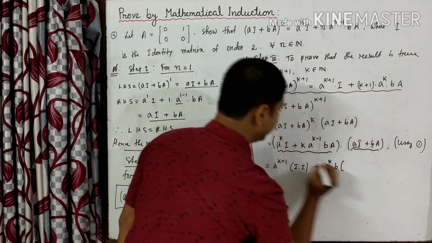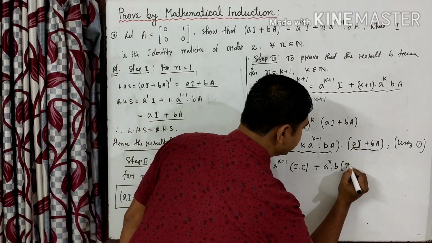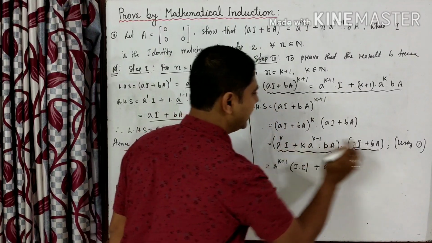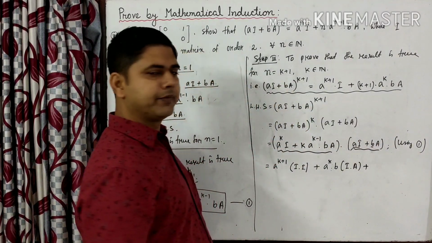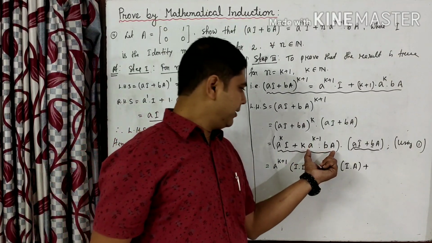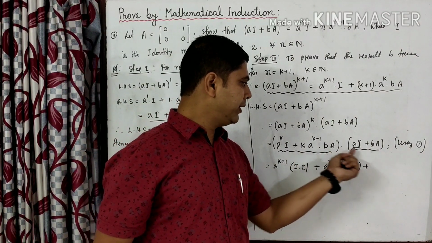Within this bracket, write the multiplication of these two matrices: I and A.